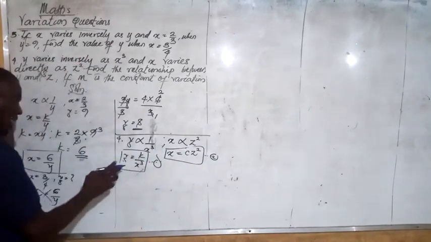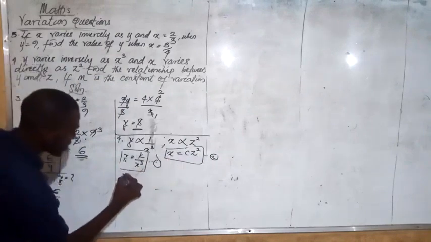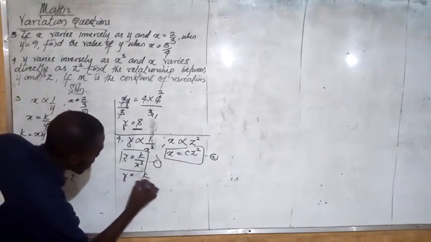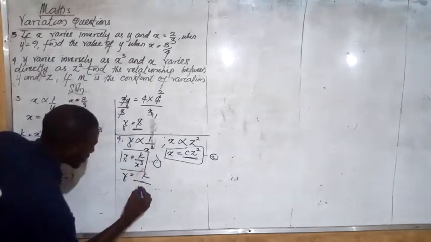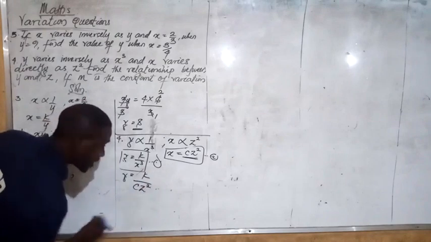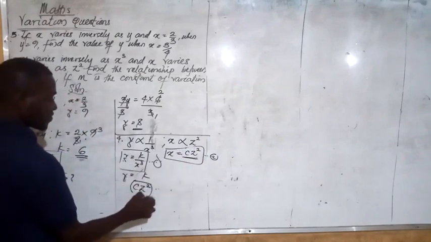Since y is k over x cubed and x itself is actually this, we can say that y will be equal to k over, since x is this, we simply plug in this value for x. So we have cz squared. That is what we have for x. But of course x is cubed here, everything cubed.